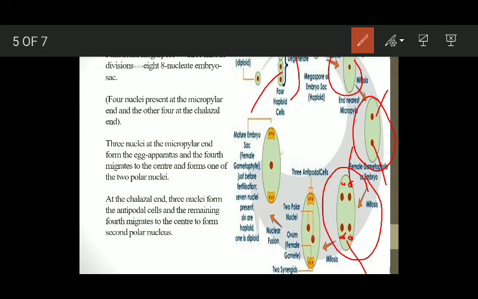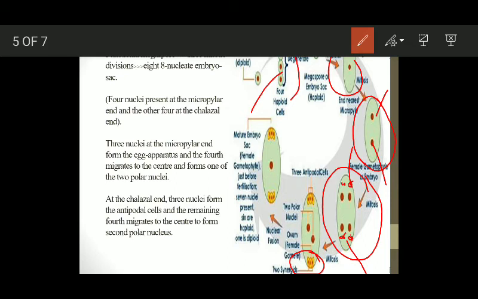One very important thing is, out of the 4 nuclei at the micropylar end, 3 form the cells which constitute the egg apparatus, containing 1 egg in the middle and 2 lateral synergids.